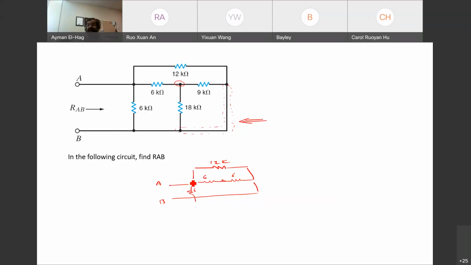So your equivalent resistance should be connected to all the resistors exactly in the same way before you did any reduction of the resistor. So that's a way to confirm that your parallel connection, this is how it should look like. Once you draw it, it becomes extremely easy once you start to show the steps.